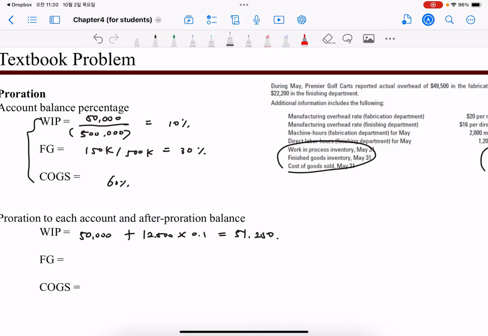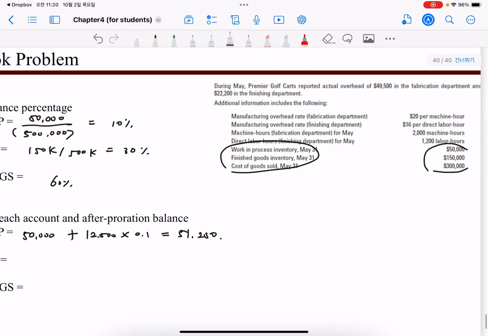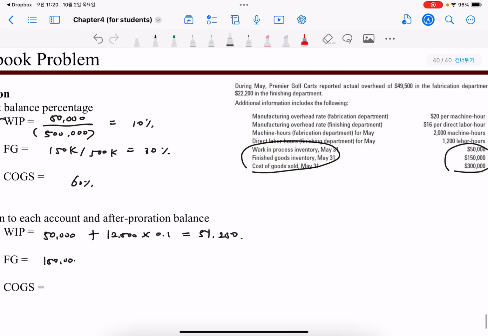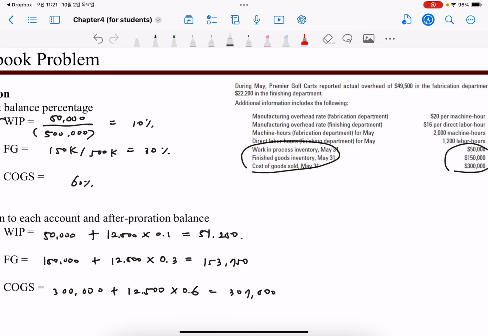And for the finished goods, we have 150,000 plus 12,500 times 0.3, which is going to give us 153,750. And lastly, we have 300,000 plus 12,500 times 0.6. This is going to be 307,500.